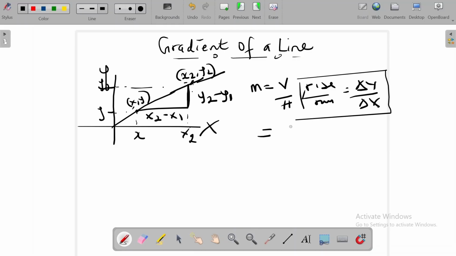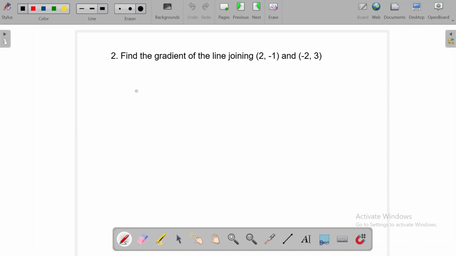It becomes y2 minus y1 over x2 minus x1. This is termed as the slope. So if I'm to look at an example, this would be find the gradient, or it could be called slope.